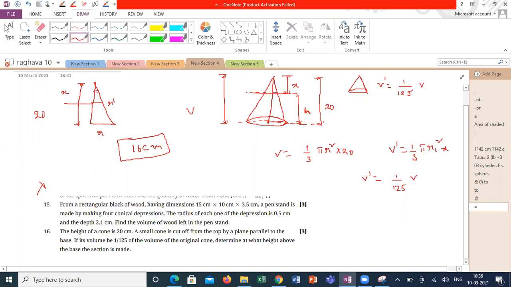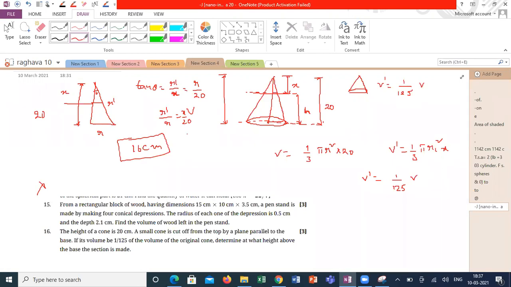From tan theta, opposite side by adjacent side, r dash by x equals r by 20. Using this relation, you can eliminate r: r dash by r equals x by 20. From here you will get the x value right away. Once you get the x value, 20 minus x gives the h value. The same method you used, Niranjan?